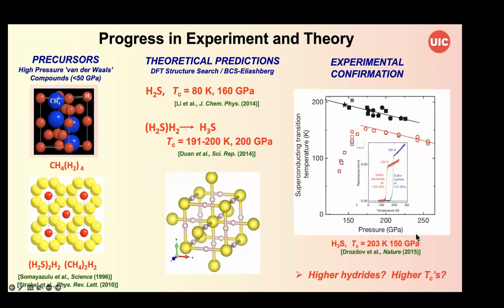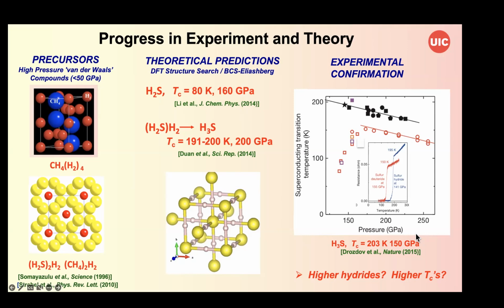And of course, this work was confirmed rather quickly by my colleague Mikhail Eremets and his group with very nice measurements of the pressure dependence of this, as well as the isotope effect, indicating this is indeed essentially conventional superconductivity. And the remarkable finding that this is in very good agreement, both in terms of the structure, the TC, and the range of stability that came out of the DFT calculations.